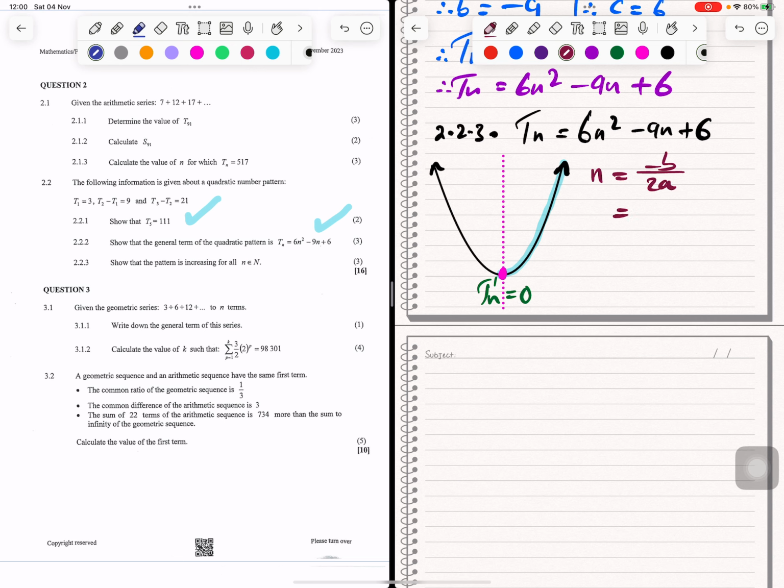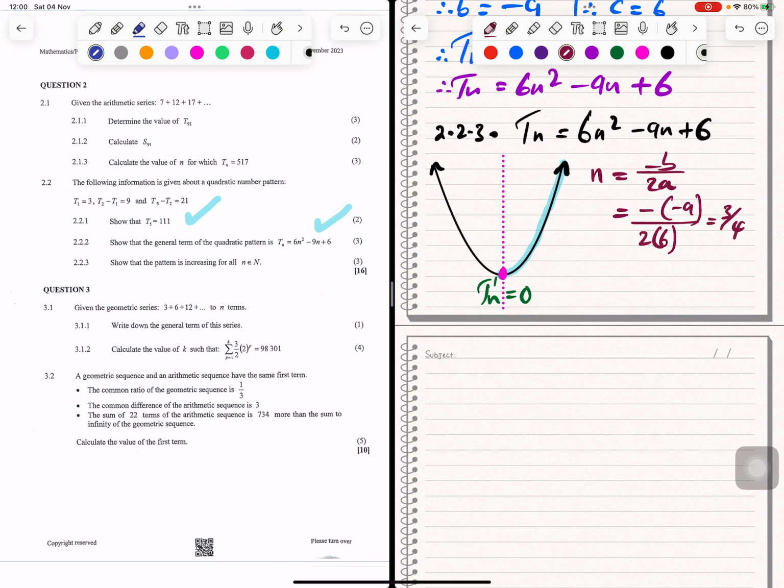So now what is b from this situation? So b here is minus 9. When I have minus 9 there over 2a. What is a? A is 6. So if you really simplify this nicely, you might get 9 over 12. So 9 over 12 is possibly 3 over 4.